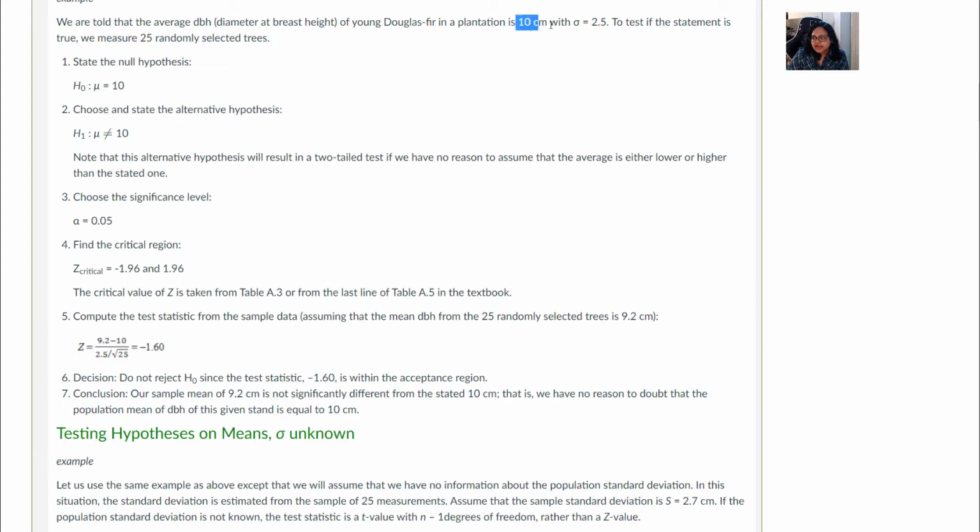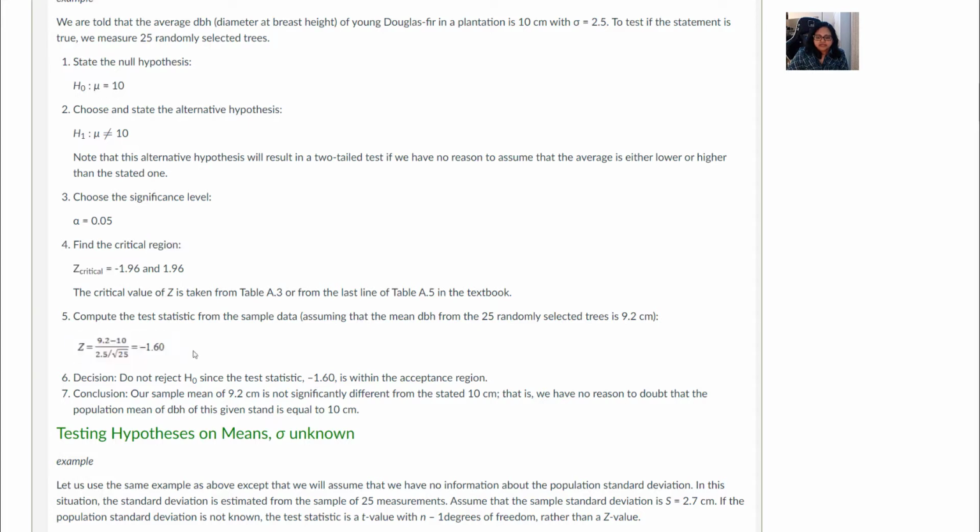This value is the population mean, and this is the population standard deviation. That means we have the population data set and the population information. So when we have the population information and we are talking about the mean, then we can directly use the z-test.